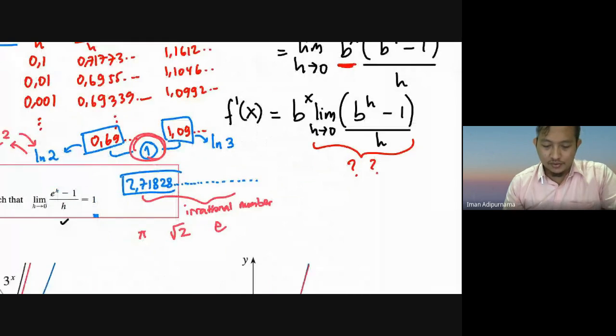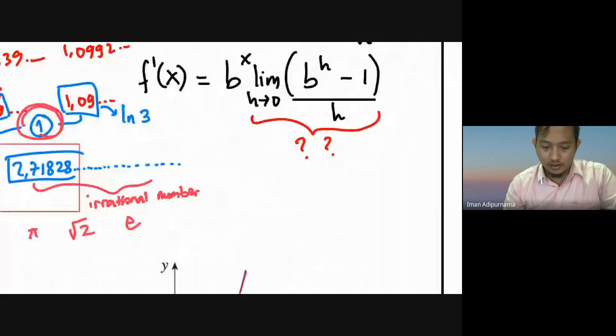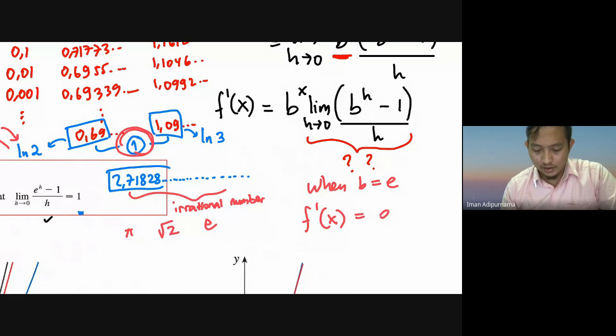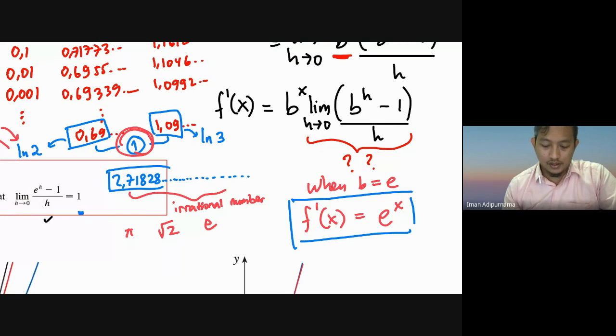Back here, when b is e, then f prime of x is e to the x. This is really important because the function and its derivative are actually the same. So when you are deriving the function, it still becomes the original.